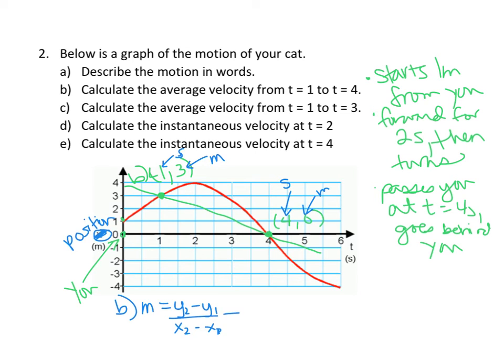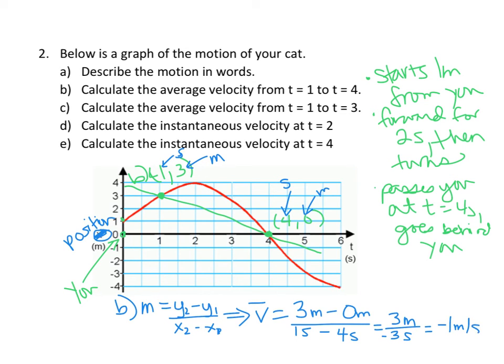So in this case, my average velocity is going to be my change in y, so it's 3 meters minus 0 meters, over my change in x, which is going to be 1 second minus 4 seconds. If you calculate this out, you get 3 meters over -3 seconds, or -1 meter per second.